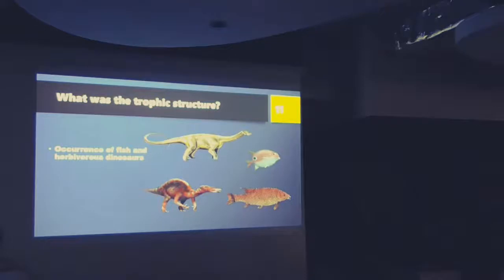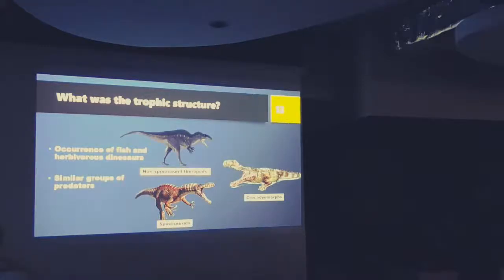Both of these deposits exhibit a similar composition of fauna, with similar groups of animals inside: similar groups of herbivorous dinosaurs, similar groups of fish, and also similar groups of predators, with non-spinosaurid theropods.